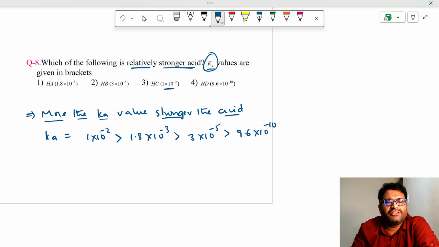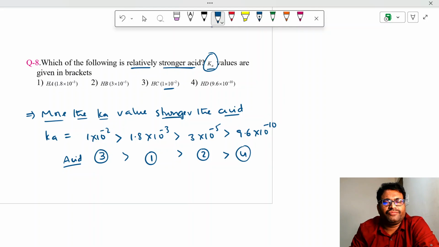That means acid 3 is stronger than acid 1, acid 1 is stronger than acid 2, acid 2 is stronger than acid 4. So the stronger acid will be the third.